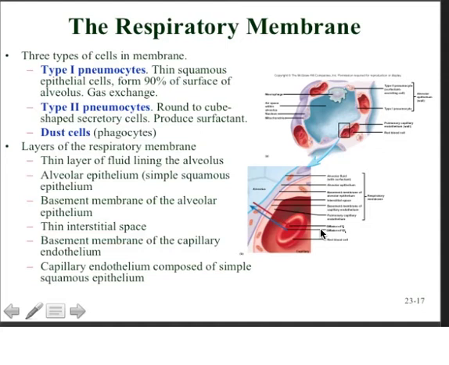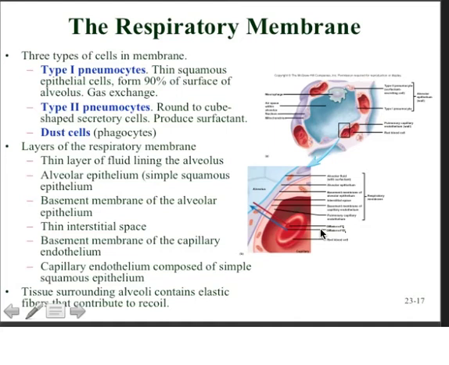The idea here is that we want to facilitate diffusion, and so the thickness of those membranes is always kept to a minimum. The tissue surrounding the alveoli contains elastic fibers that allow it to recoil. One of the things we have to appreciate about this delicate membrane is that it's very good at its job, which is exchanging gases.